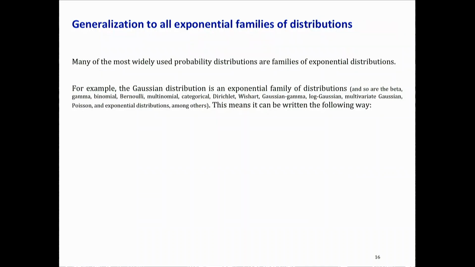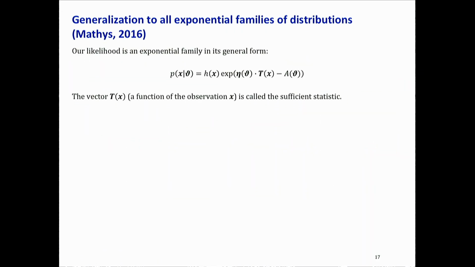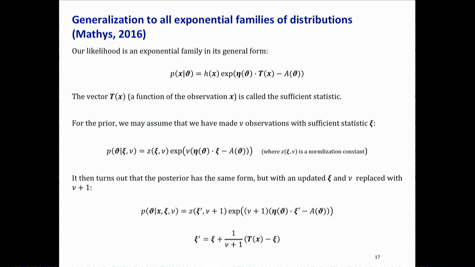So all of these distributions, the beta distribution, the gamma, the binomial, the Bernoulli, the multinomial, the categorical, the Dirichlet, the Wishart, the Gaussian gamma, the log Gaussian, the multivariate Gaussian, the Poisson, the exponential distribution, and many others. With all of these distributions, you can perform Gaussian inference simply by tracking the mean of your sufficient statistics.